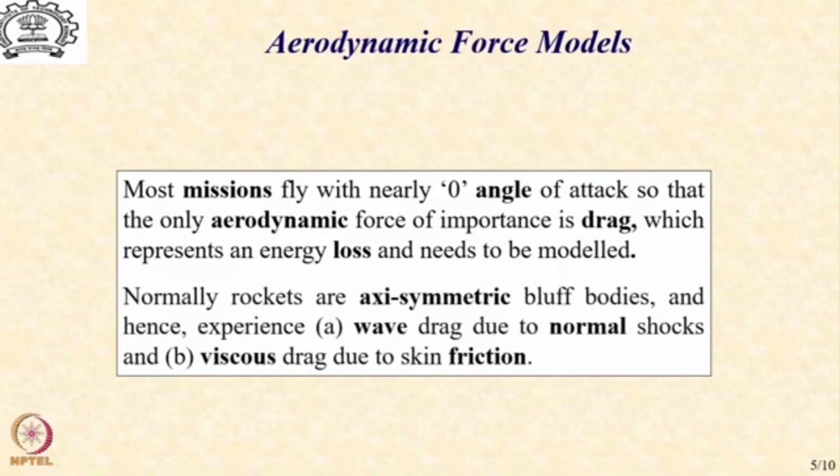In this regard, we note the following. Normally rockets are axisymmetric bluff bodies and hence are subject to the following two drag components, that is the wave drag due to normal shocks and viscous drag due to skin friction.